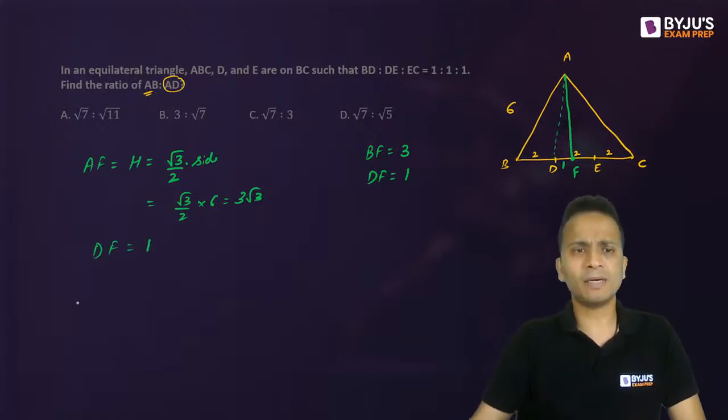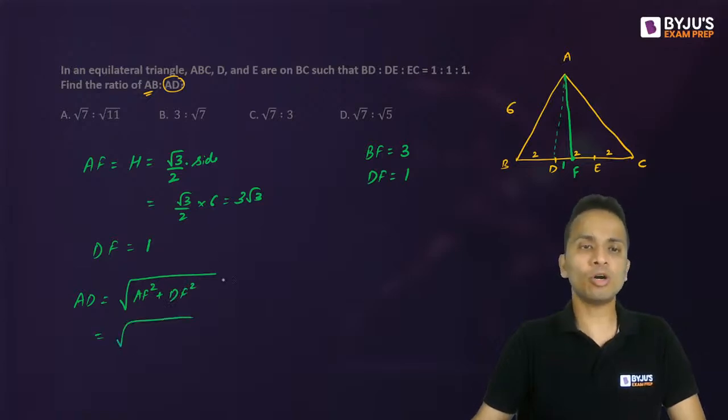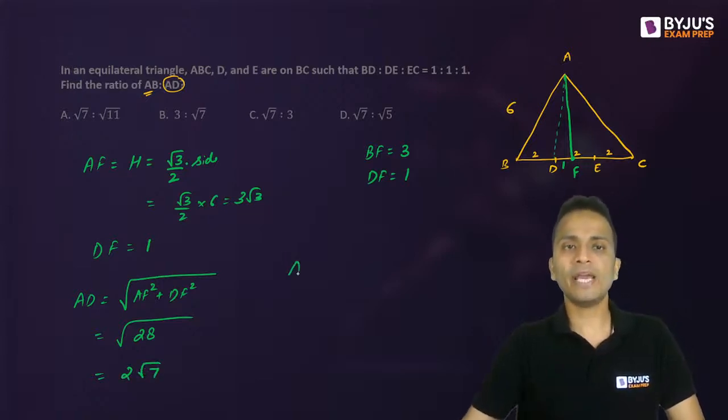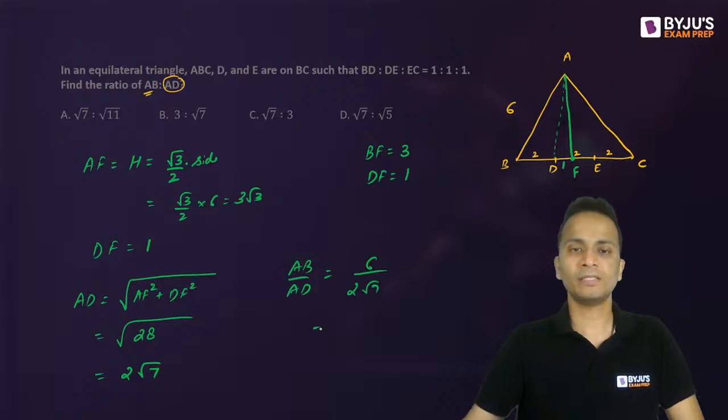Using Pythagoras theorem, I can find out the length of AD, which is equal to under root of AF square plus DF square. So under root of 27 plus 1, 28. And this will be equal to 2 under root 7. Clear? ठीक है? So AB upon AD, which is required, is 6 upon 2 root 7. That is 3 upon root 7.